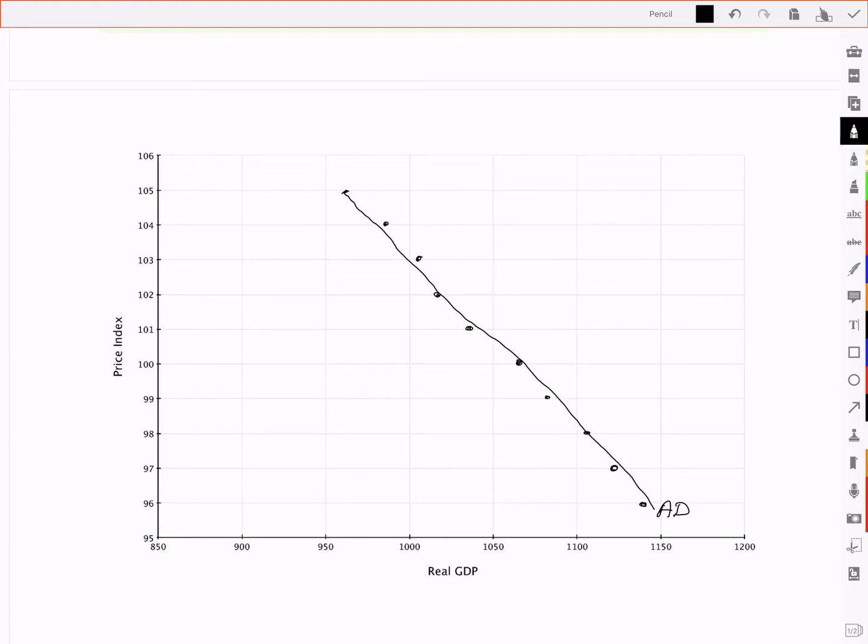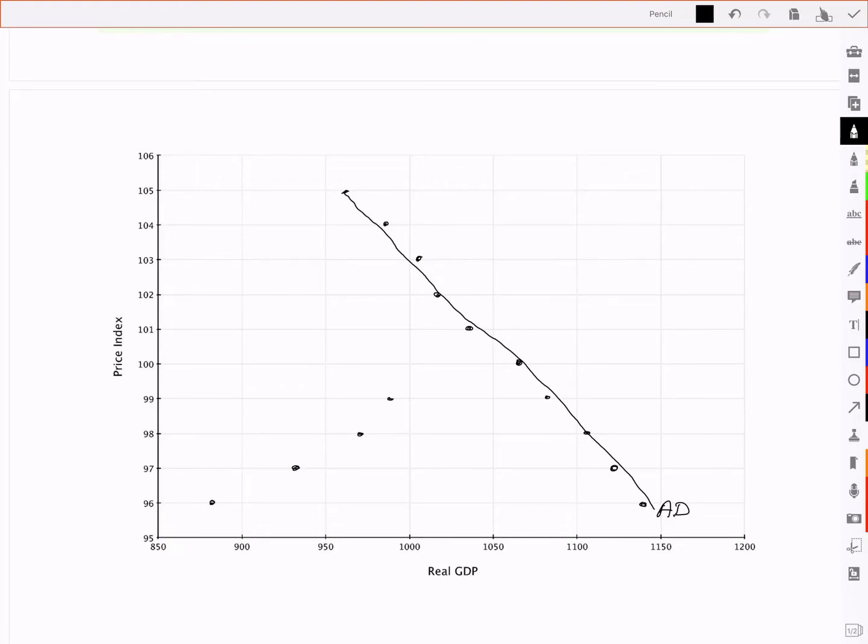And we can also plot aggregate supply, so same thing, at 96, it's at 880. At 97, it's 940. At 98, it's 965. At 99, it's 985.